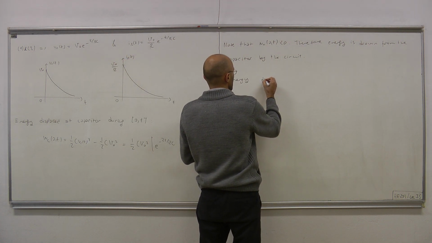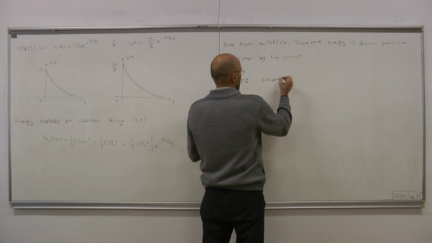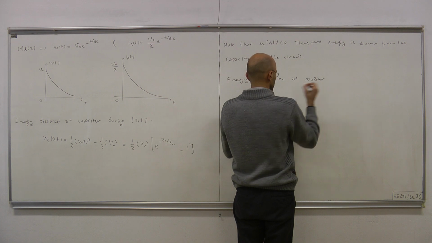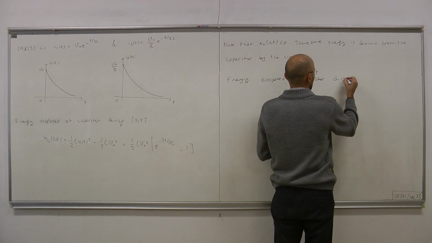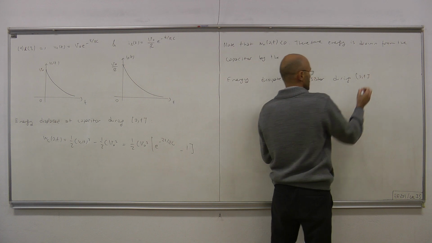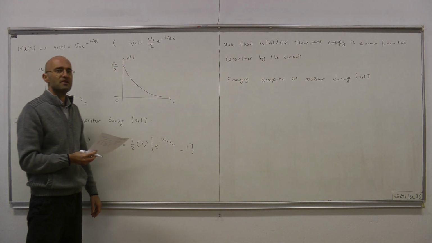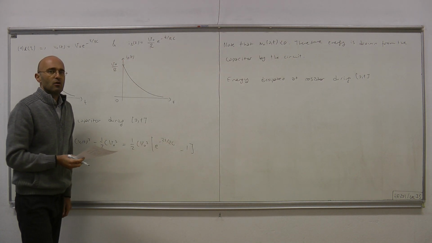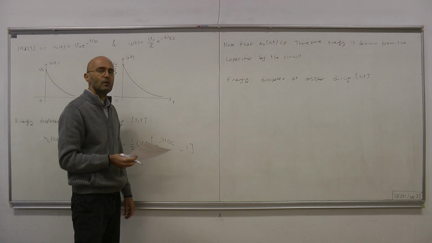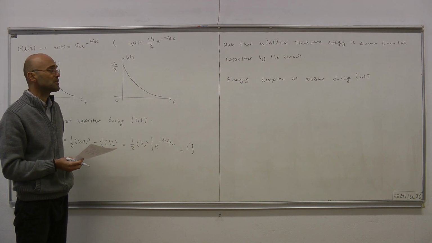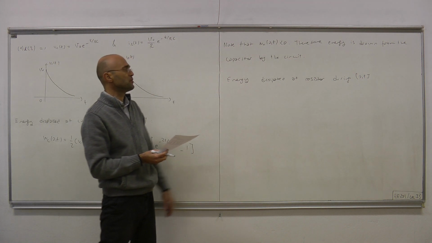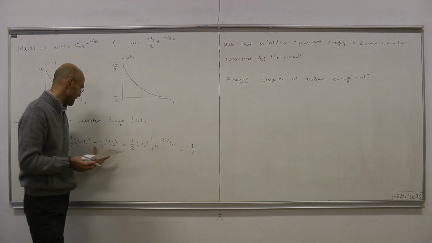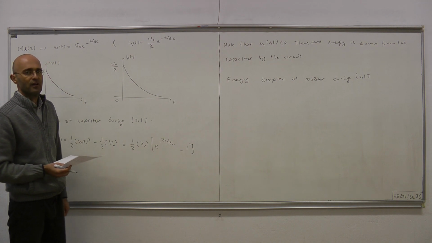Energy dissipated on resistor during the interval. Okay. Since energy, it seems, has nowhere else to go but to dissipation over the resistor, we can now check whether that's the case, okay, by computing the energy dissipated at the resistor. If the magnitude of that energy equals the magnitude of this difference, then everything will be fine.